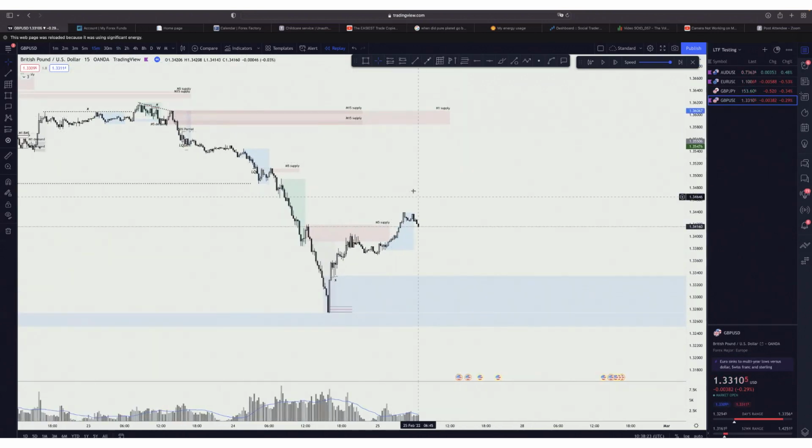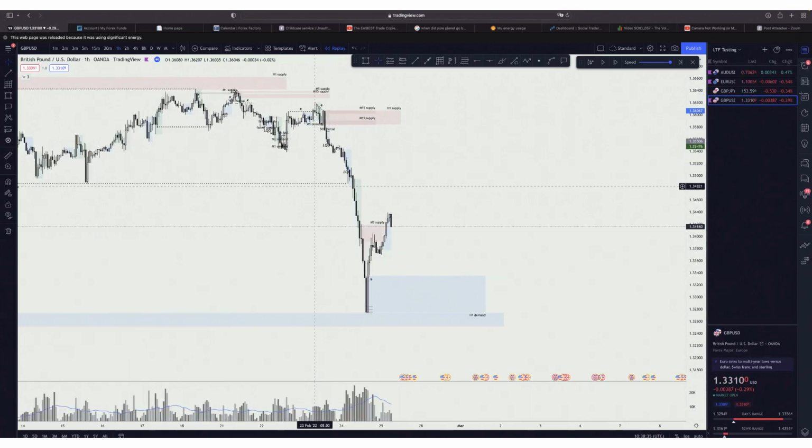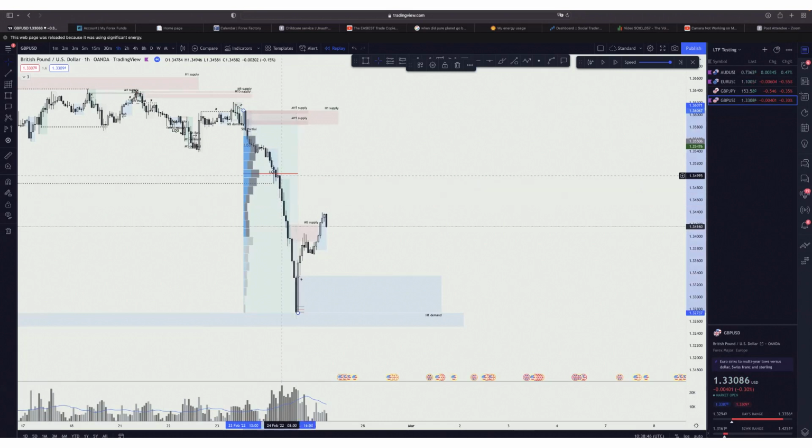Let's have a look, is that the closest? Let's get rid of that. So we've got a couple of supplies here. This looks like a buy to sell. I sometimes use a tick volume, the fixed range. And let's bang on.